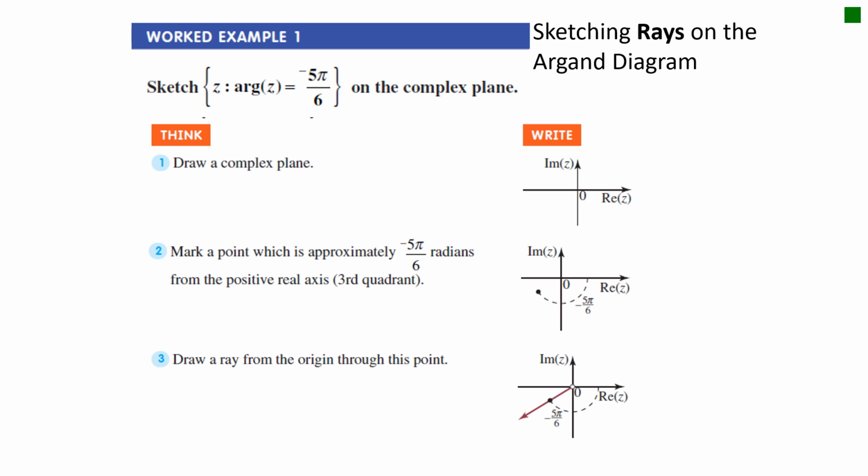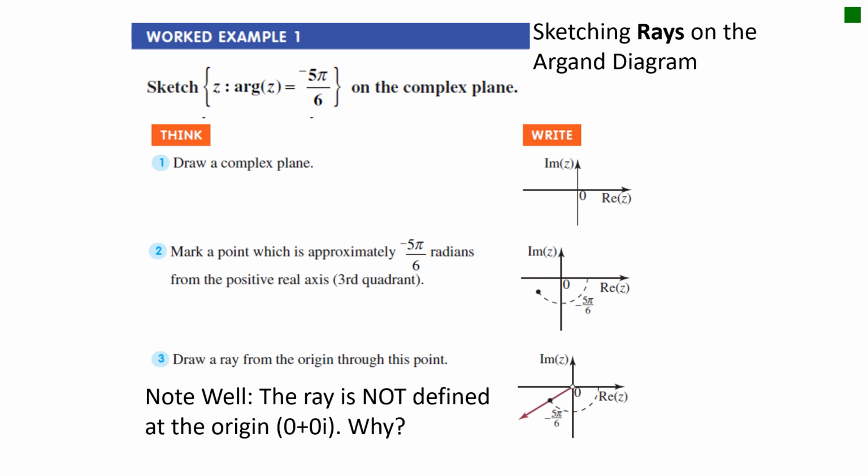Many students, according to Miss D, lost marks on the exam last year on this very simple feature, that the ray is not defined at the origin. Have a close look. It's an open circle at the origin. Why would we draw a ray marking this condition on the argument, beginning with an open circle?